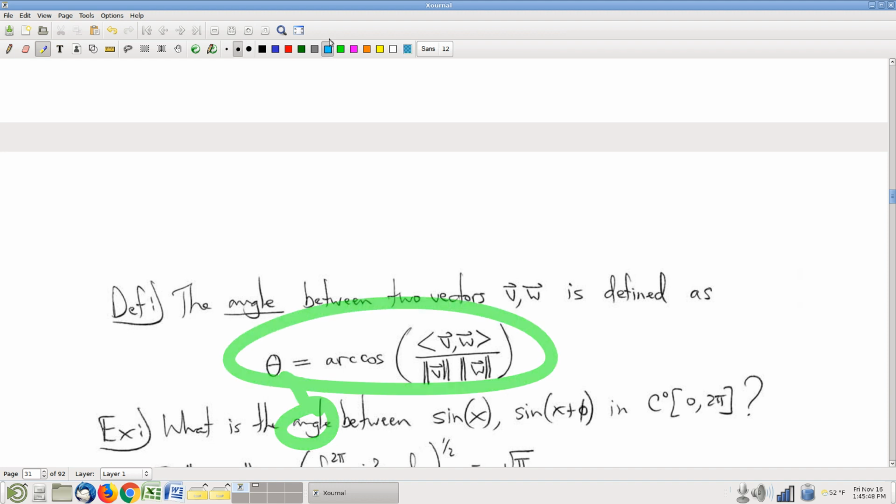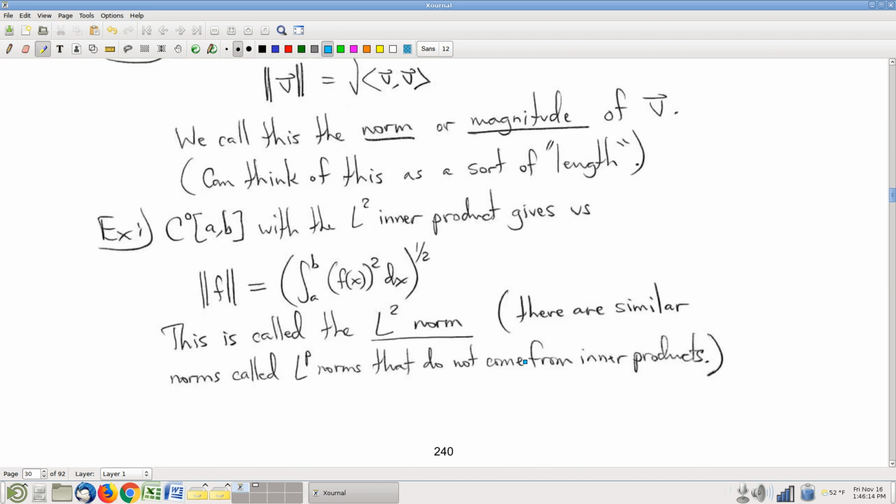On the one hand, I'm going to have to compute the inner product of these two vectors in this inner product space. Okay, well, that's going to be a calculation. I'm also going to have to compute the norm of that first vector. That's going to be another calculation, and then likewise, I'm going to have to compute the norm of that other vector. Those calculations proceed straight out of this formula.